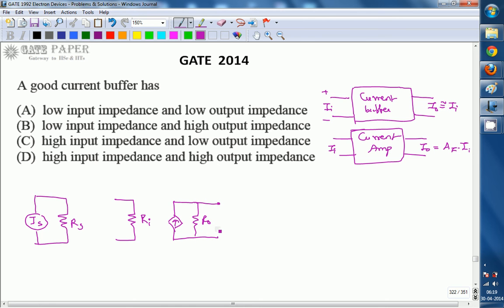This is the internal block diagram of the current amplifier, and the output has to be connected to a load RL.